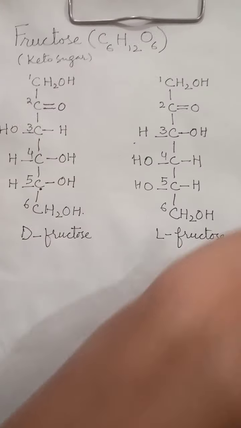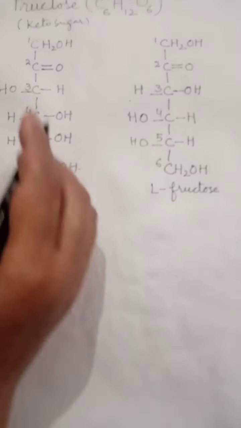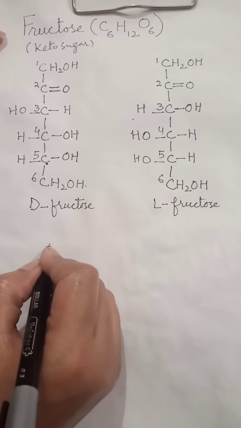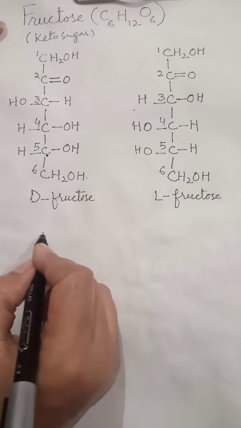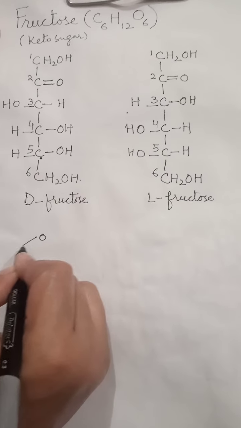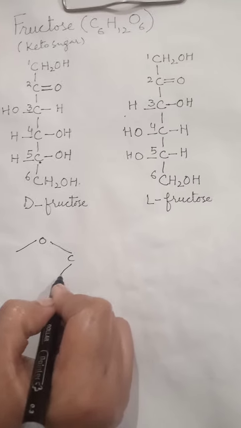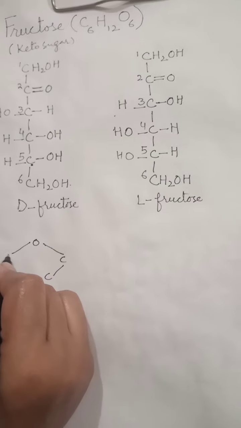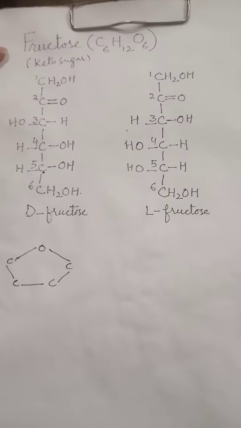Now the cyclic forms of D fructose are the alpha and beta forms, and this is not a pyranose structure, it is a furanose structure. Furanose is a 5-member structure, so you can see 1, 2, 3, 4 and a 5-member structure.